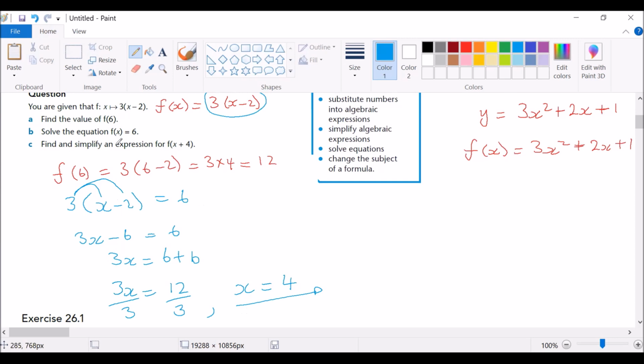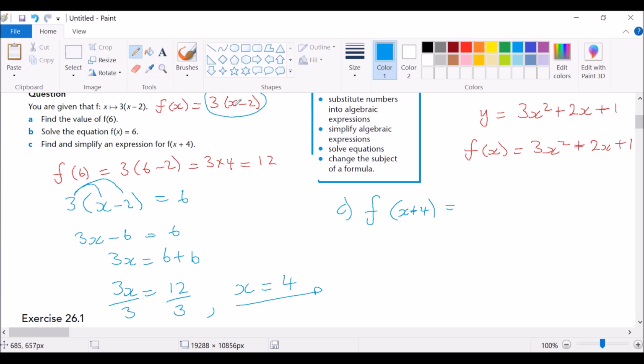Find and simplify an expression for f of x plus 4. So whenever we see x, we should put x plus 4. So f of x plus 4 is equal to, we go to this, we have replaced x with x plus 4 there.